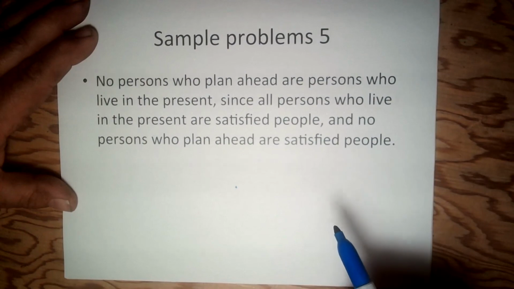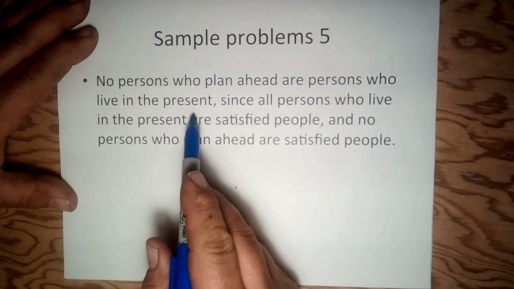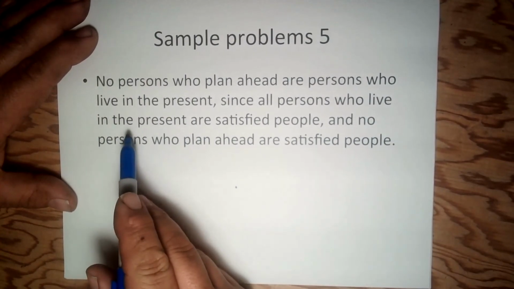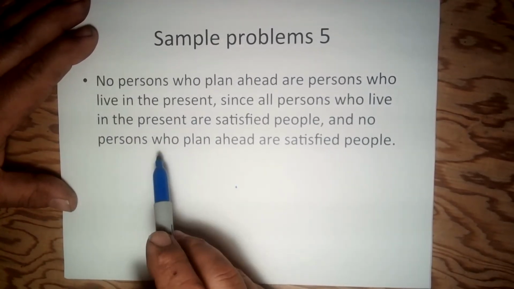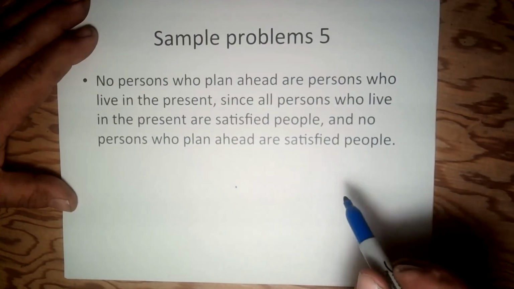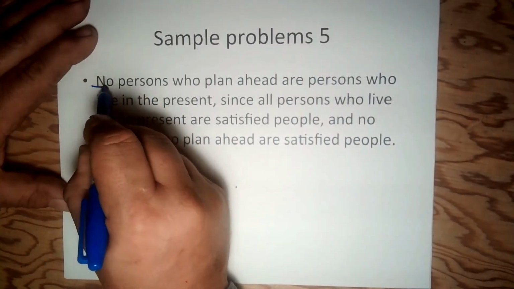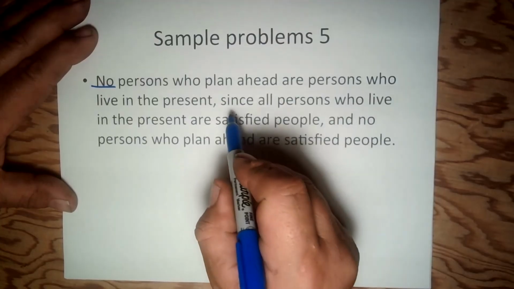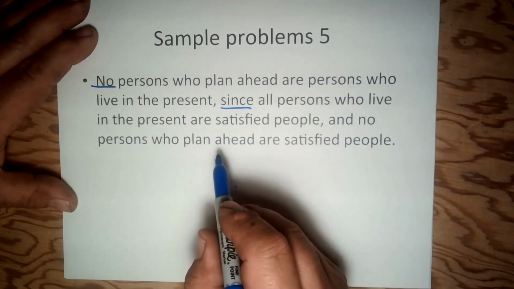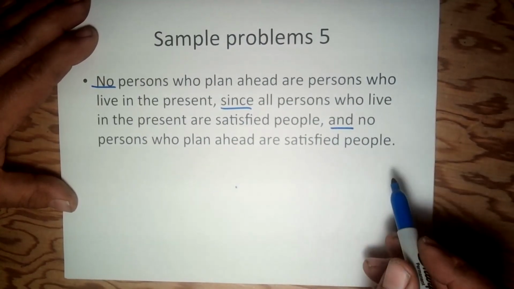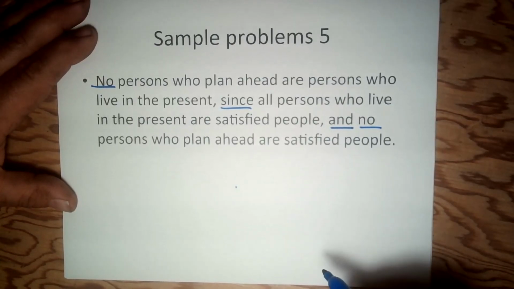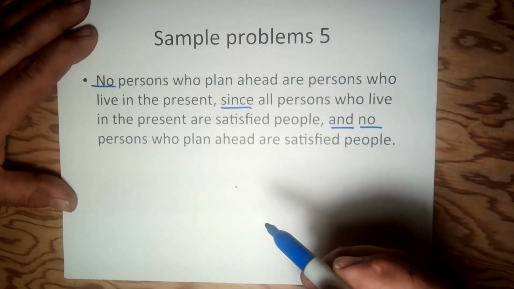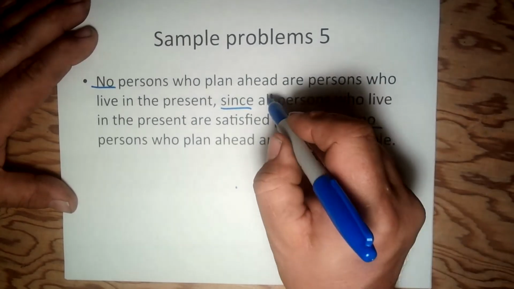No persons who plan ahead are persons who live in the present, since all persons who live in the present are satisfied people, and no persons who plan ahead are satisfied people. So we got some logic words to find. We got a no, a since, an and another no. We also could maybe, if we were being careful, say we got some numbers here.